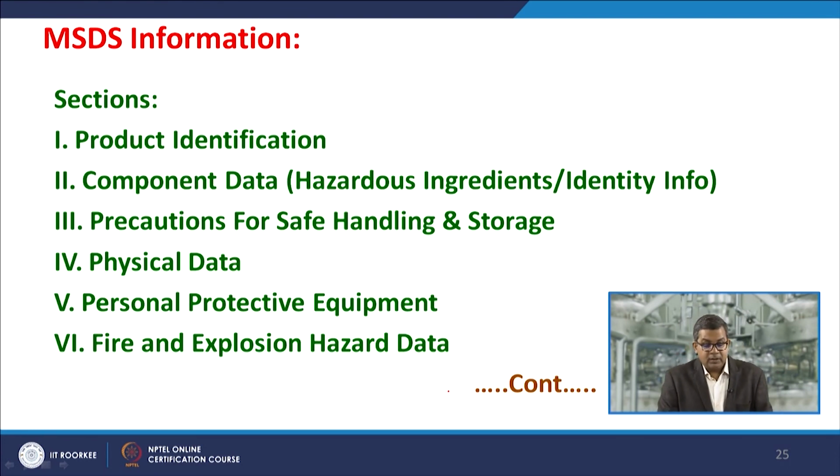We have covered precautions, how to store and handle the substance safely, what physical data should be in section 4 of the MSDS, what personal protective gear should be used based on the available information, and the different fire and explosion hazard data and how to deal with them.